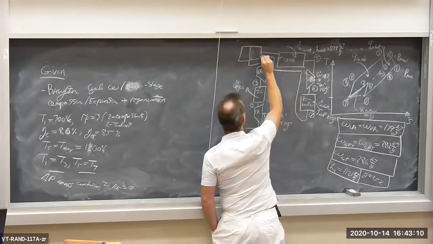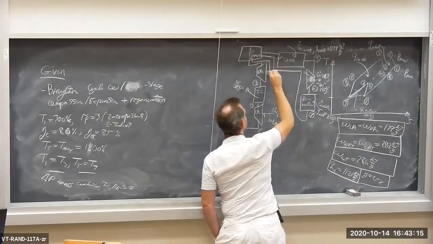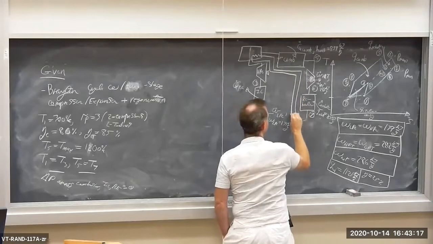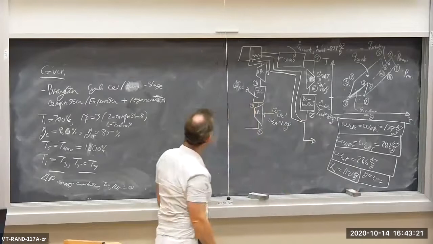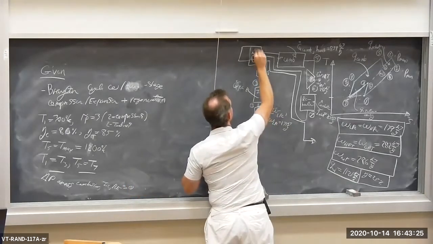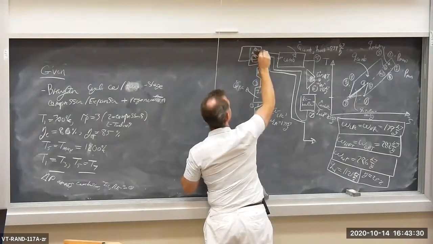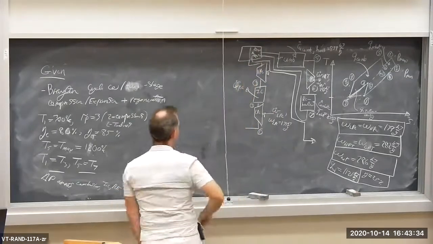So I'm going to send it into the regenerator. Out. So there's a certain amount of heat here, Q dot underscore regen.